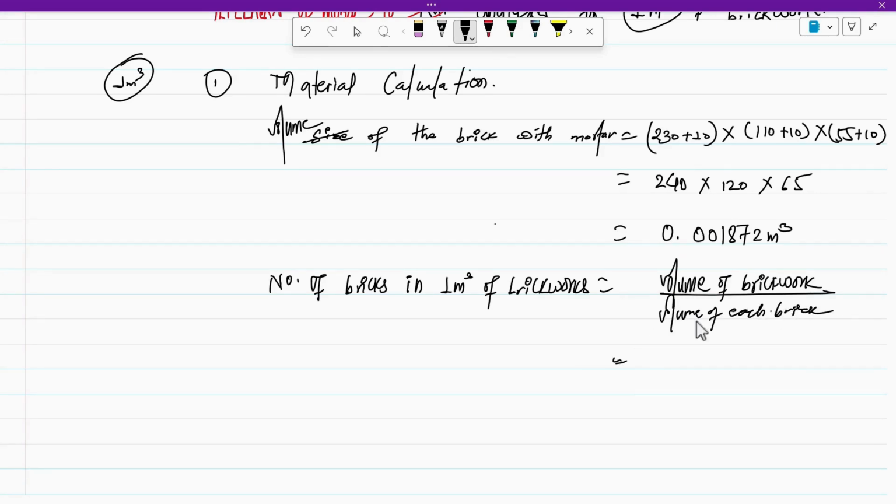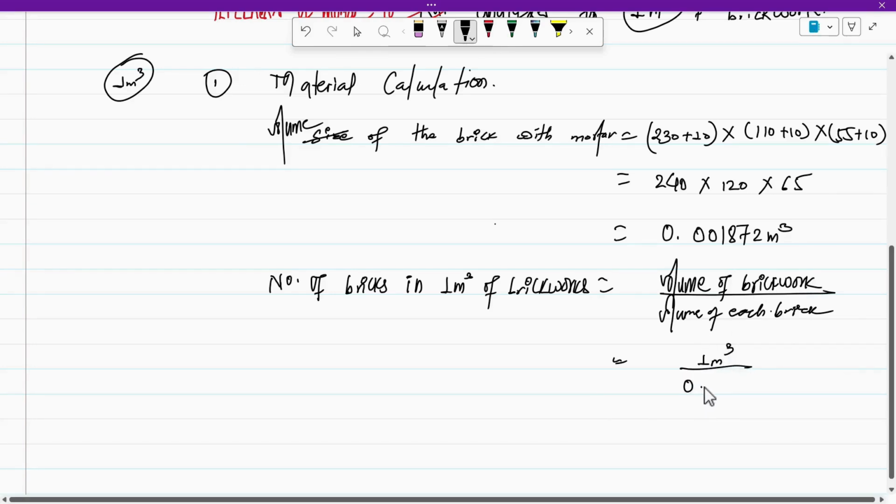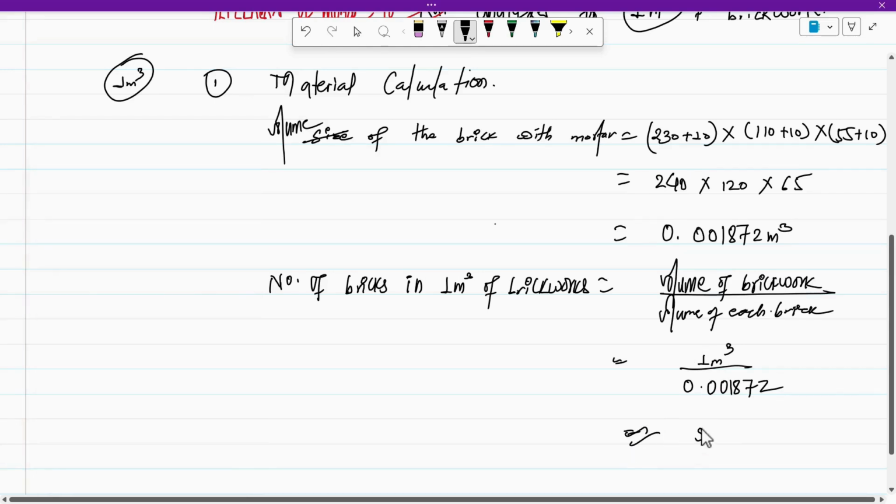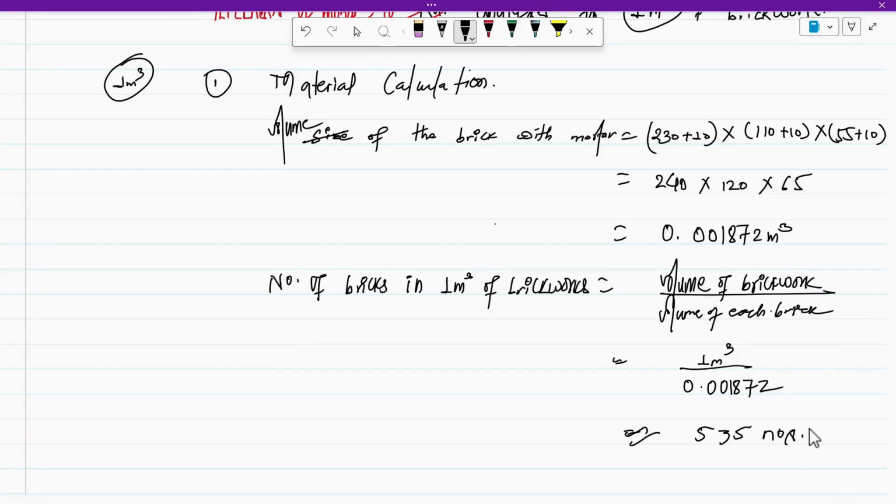The volume of brickwork we are considering at the moment is 1 meter cube, divided by 0.001872. This is equal to 534, and we'll say nearly equal to 535 numbers. So this is the actual need, but on the side there is wastage.